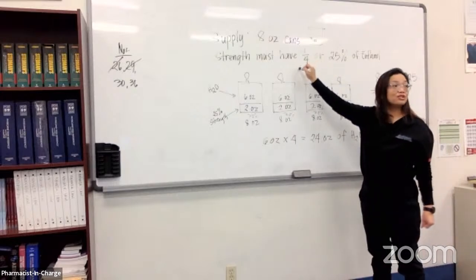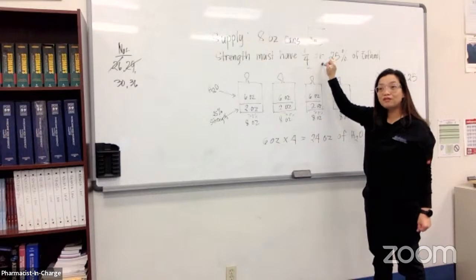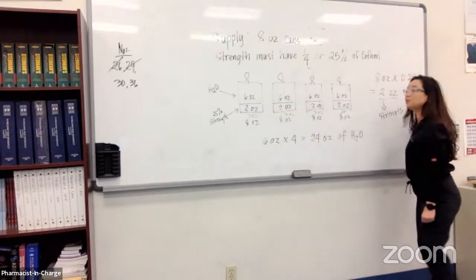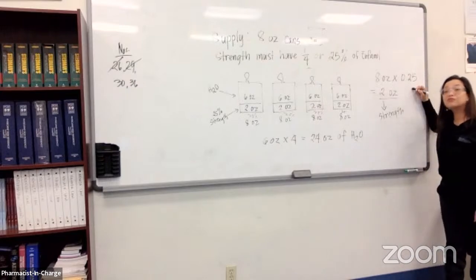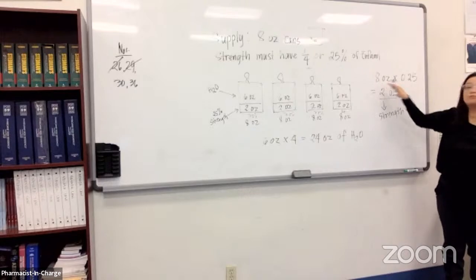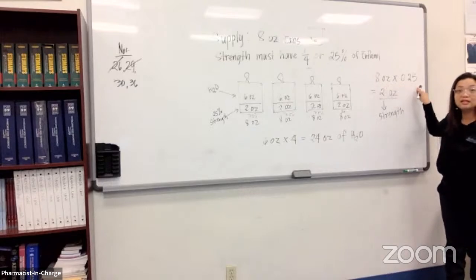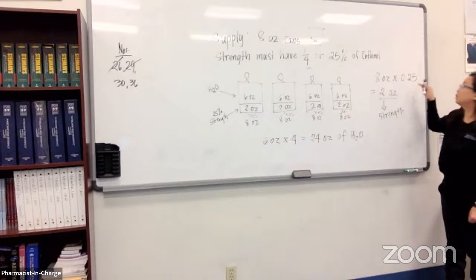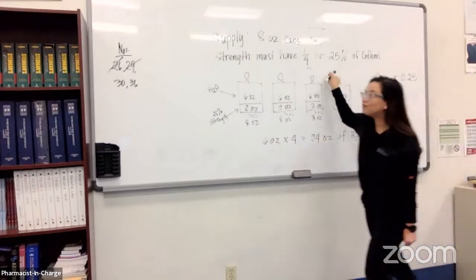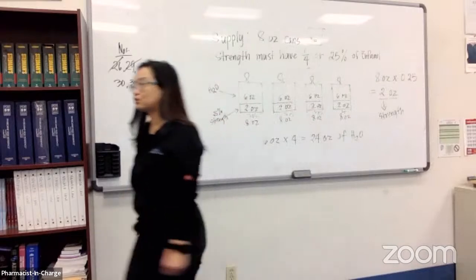A quarter strength means 25%. And 25% is the same as 0.25. So for me to get what's a quarter strength of 8 ounces, I can simply do what Roxy did. 8 ounces times 0.25. 0.25 is the same as 25%, the same as quarter strength.